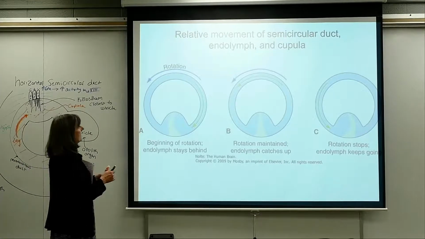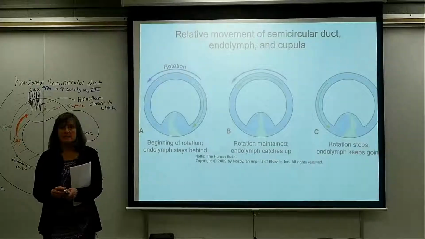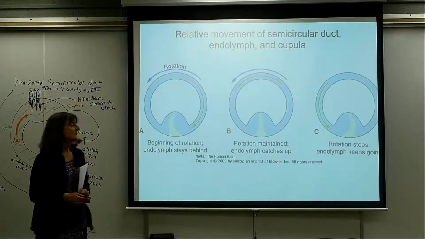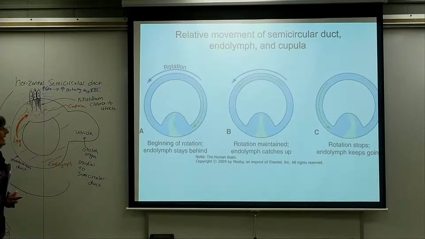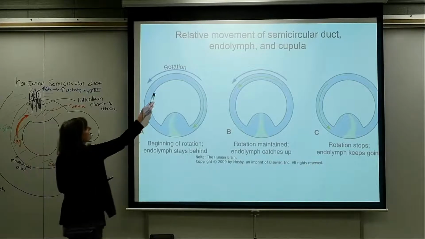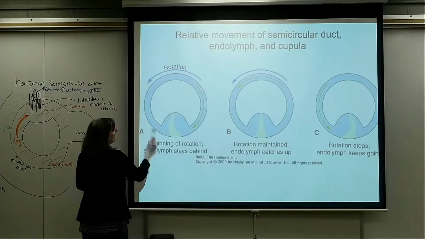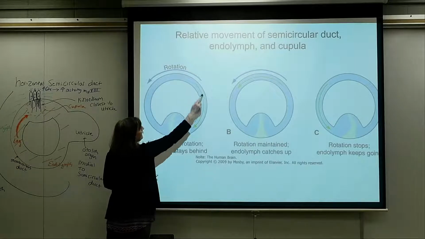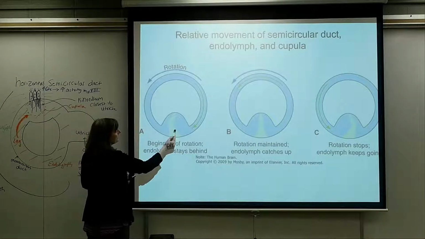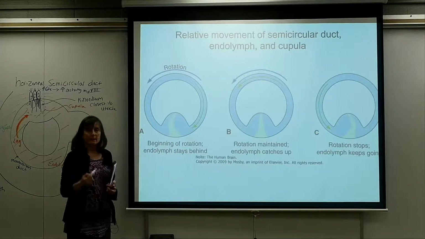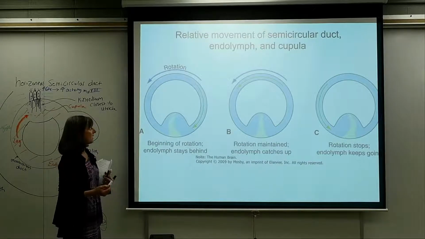Now, I've said a couple times that these cells are going to detect acceleration, and this slide takes us through why. So if we get an initial head rotation to the left, that endolymph is going to lag and go in the opposite direction and move that cupula and the hair bundle in a specific direction.